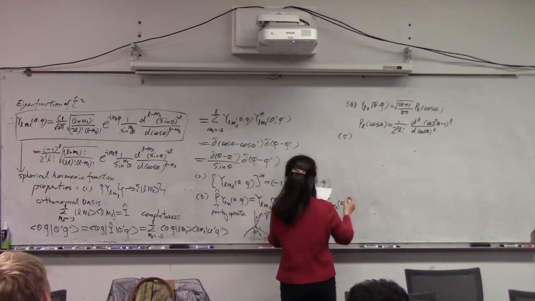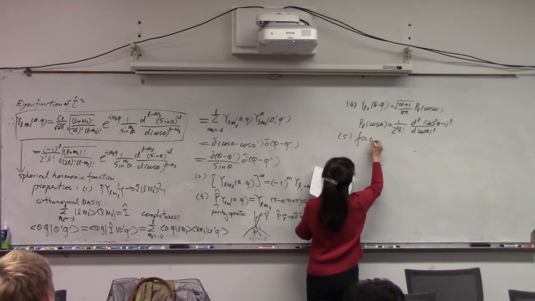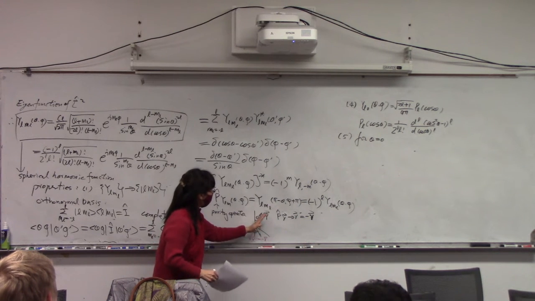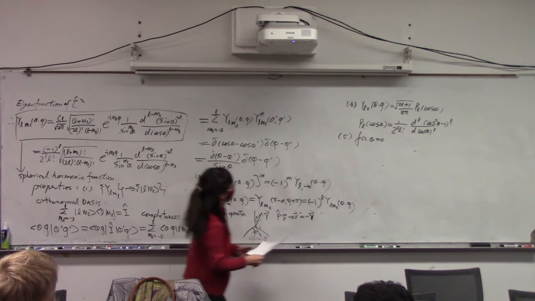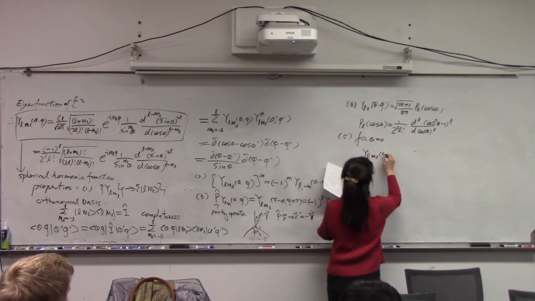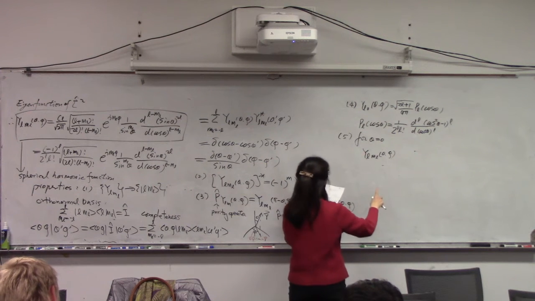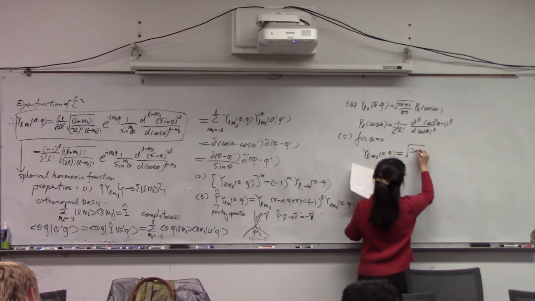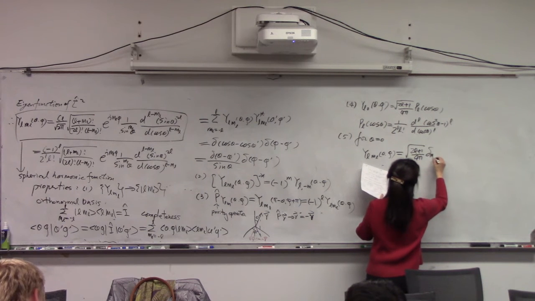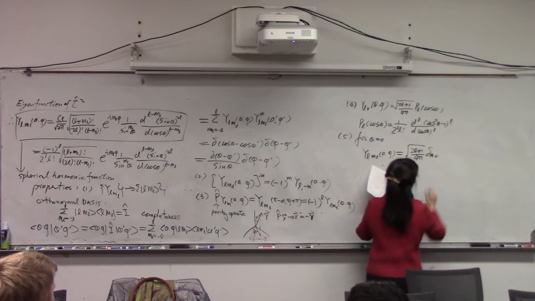Number 5. For theta equal to 0, in the case where the function is just along the z-axis, Y_L M_L is very simple: the square root of 2l plus 1 over 4 pi times delta m_L 0.